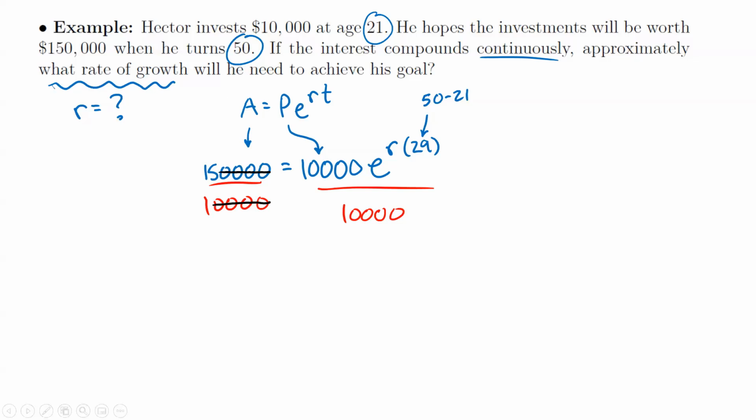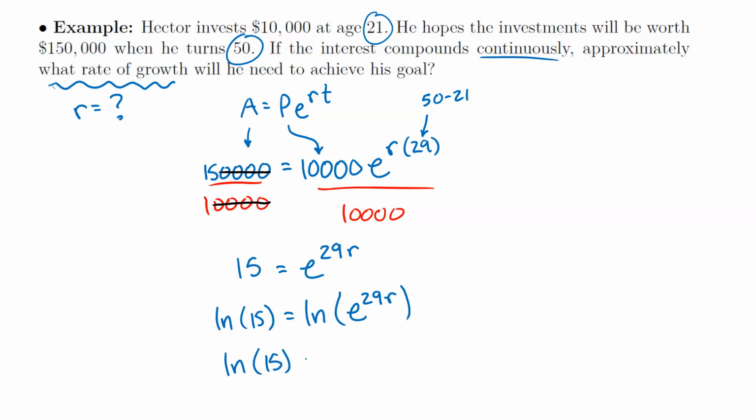So you end up with 15 equal to e to the, and it's convention to put the number first and the variable second, so e^(29r). So we'll take the natural log of 15 and the natural log of e^(29r). Our last step here is just to divide by 29 on both sides.